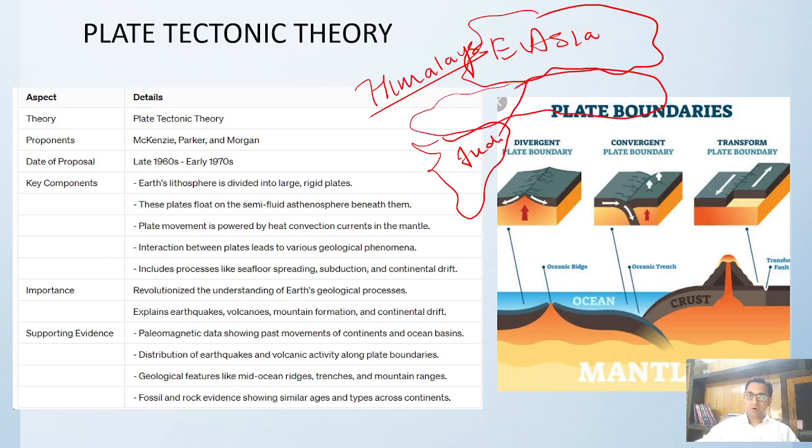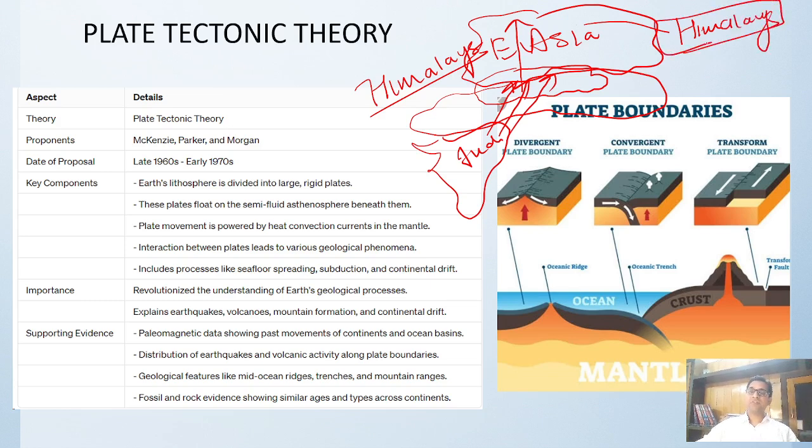As India collided with Eurasia, the sediments on the sea floor were raised and gave rise to the Himalayas. In the sediments of the Himalayas, you will find fossils of fishes, which shows that between India and Asia there was a huge ocean. So this is again one of the evidences which shows that plate movement has taken place and the plates collided, and because of that the Himalayas were generated.